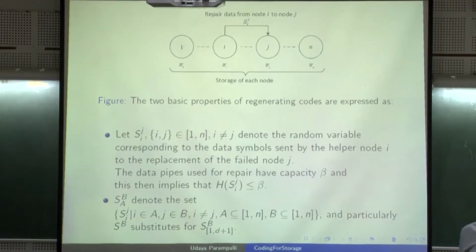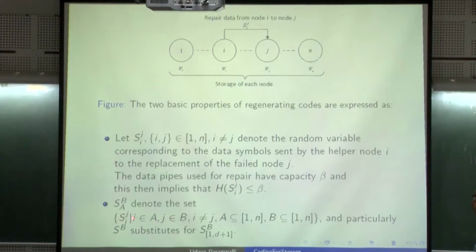Which node? The jth node, very good. So j could be from one set of nodes, another set. This is when B belongs to all of that, so B is some subset of that.